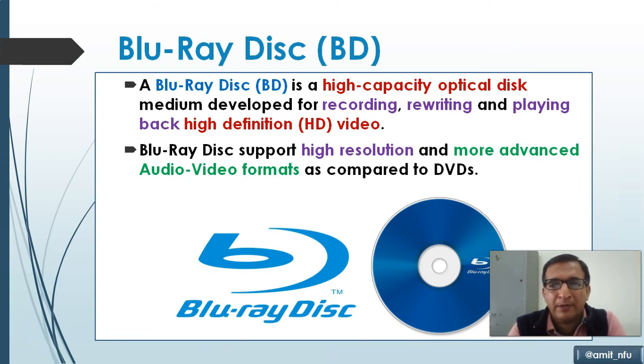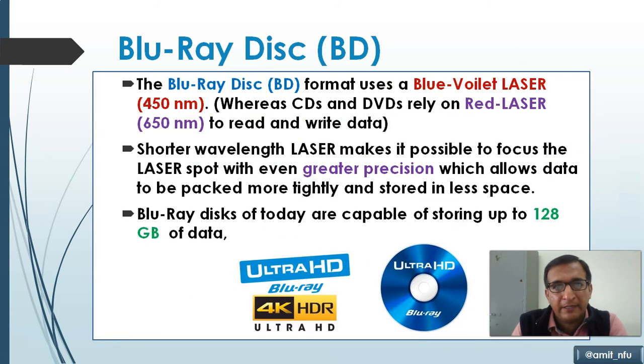We'll talk about it in the next slide, but basically it's a high capacity optical disc medium developed for recording, rewriting and playing back HD videos, right? So we'll be talking about it in the explanation.